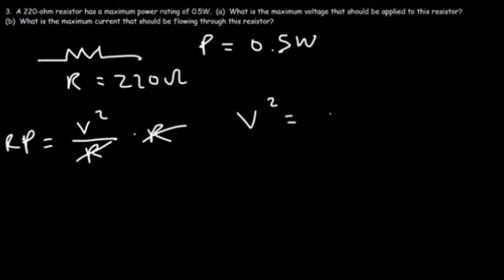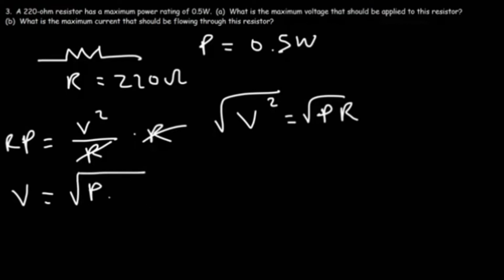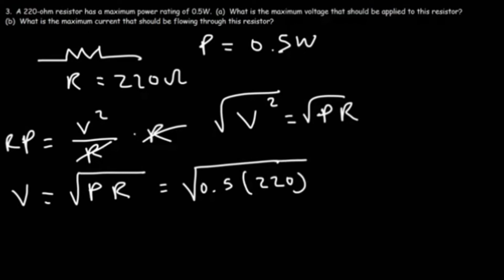So V squared is equal to the power times R. Taking the square root of both sides, we get V. So the maximum voltage that should be applied to this resistor is the square root of the maximum power rating times the resistance. So that's going to be the square root of 0.5 times 220. Half of 220 is 110, so we need to take the square root of 110.